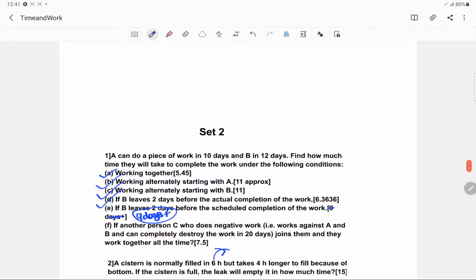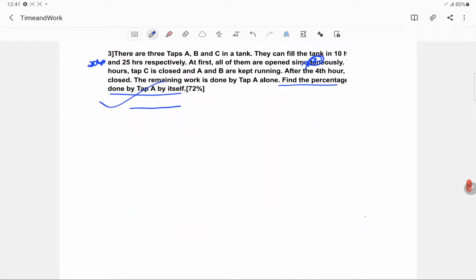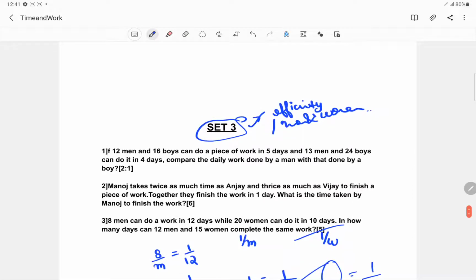The second concept was combined work: he left, he came in, taps and inlets and leakages and all that stuff. And last we talked about efficiencies, combined or multiple entities. I think that is more than enough.